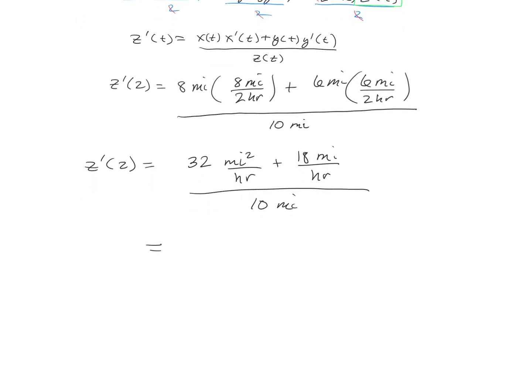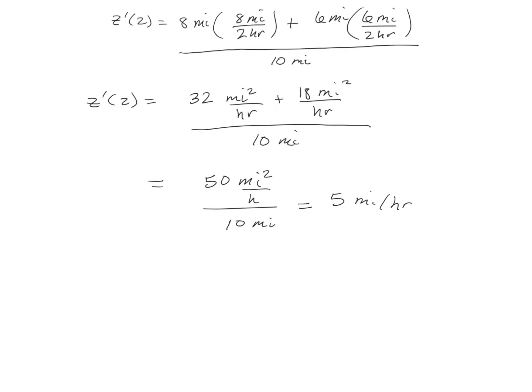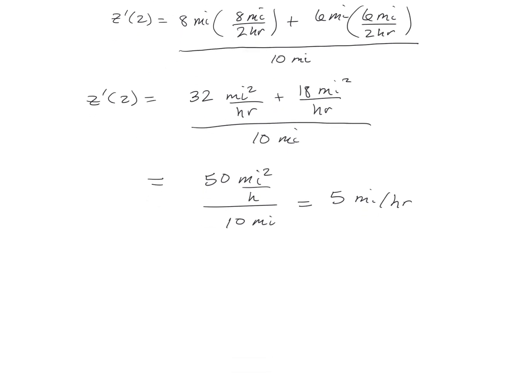Simplifying this out, we get 32 plus 18, which adds up to 50. So we've got 50 square miles per hour divided by 10 miles, and that's going to be equal to 5 miles per hour. And that is the rate of change of the distance between the two people. Make sure you say that correctly.